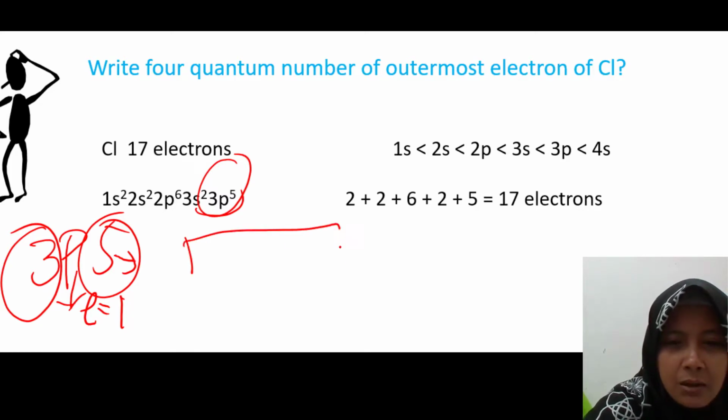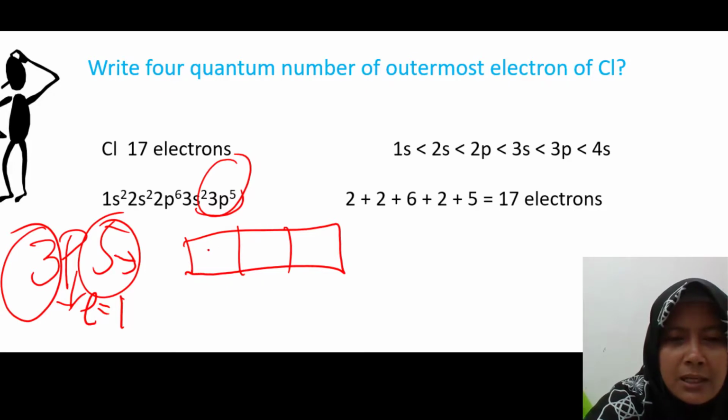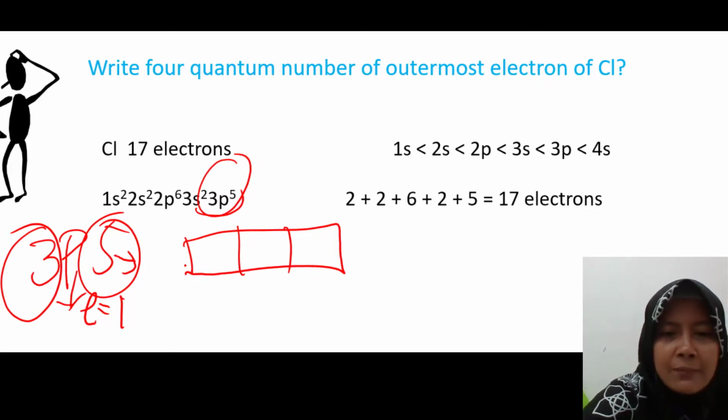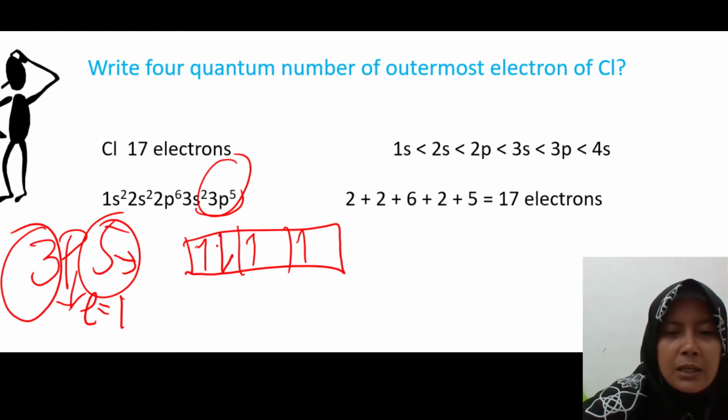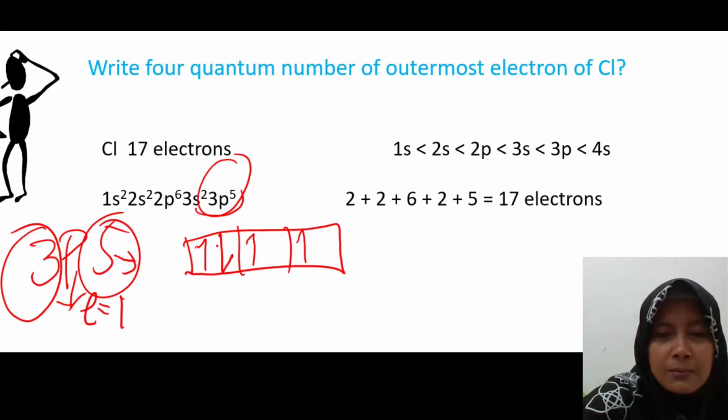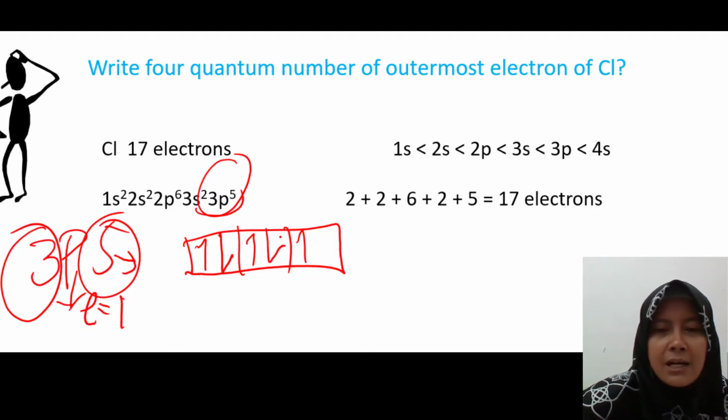Remember that the P subshell has 3 orbitals, so if we have 5 electrons, we have to fill first with up-direction arrows: 1, 2, 3, and then we can pair the other electrons after all orbitals are filled, and this is 5.